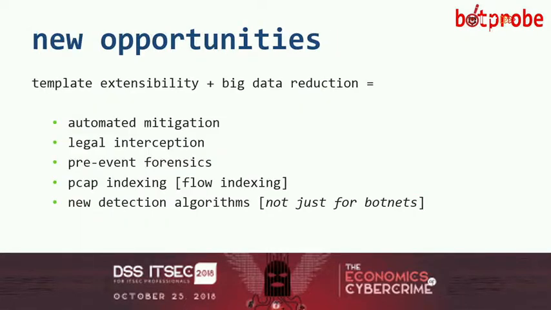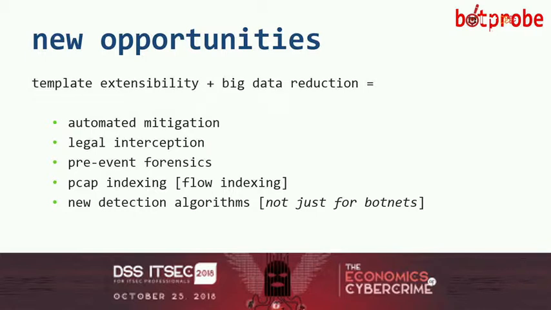And because we've got this template extensibility, we can change the template, and we can write additional decodes to pull out and interpret the data in there. We can match any field in PCAP. We have a method of big data reduction, so we can do things like automated mitigation, legal interception.